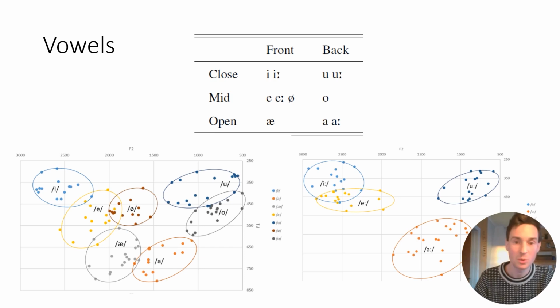Below you see 2 vowel charts where I have measured formants 1 and 2 for short and long vowels. As you can see, there is a bit of overlap between the different phonemes, but you can also clearly see that these are the vowels we are dealing with.